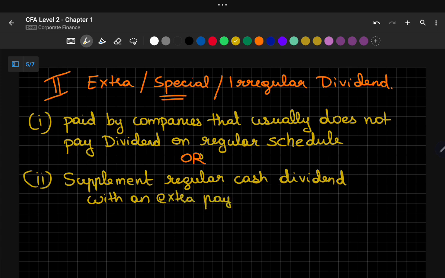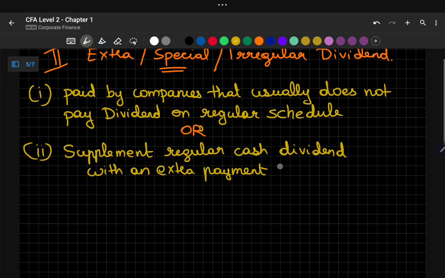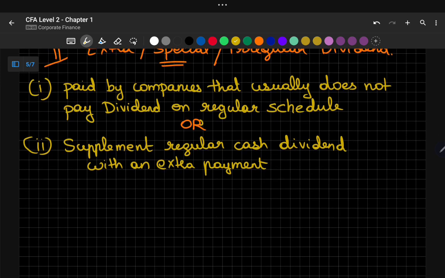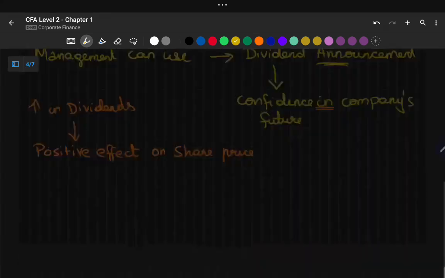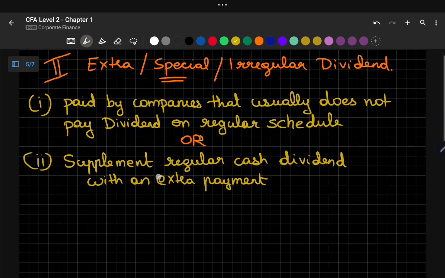Okay. So companies which pay regular cash dividends, but had a really good year and want to give an extra payment to the shareholders, might declare extra dividends.